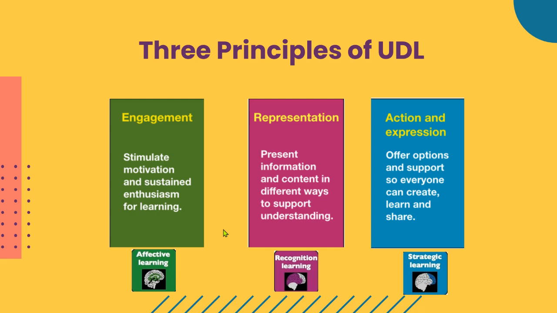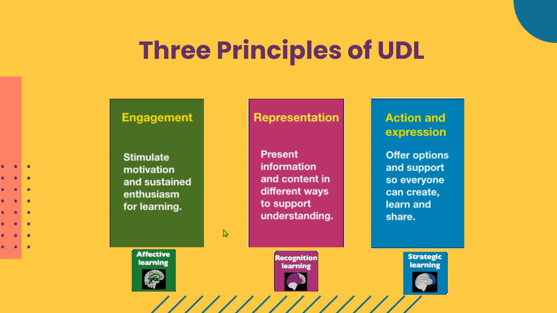This representation principle is really where the assistive technology comes into play and is embedded, because you need to have different ways to allow students to present and understand that information. Graphics, tactile learning, auditory processing, things like that is really where the Universal Design for Learning envelops those that need assistive technology.